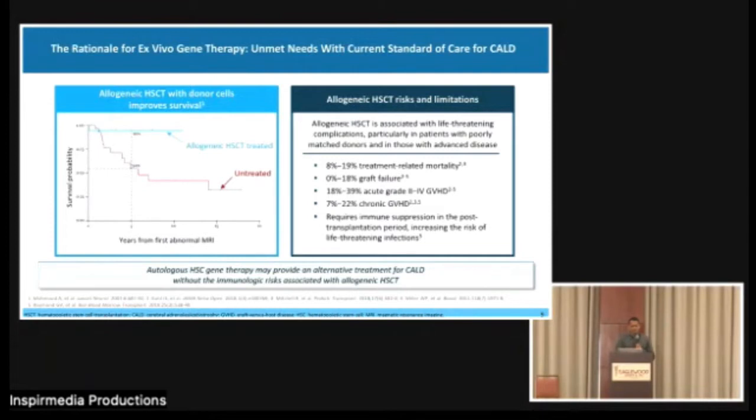So here now a little background on why we're doing ex vivo gene therapy. Many of you know that for decades, we've been using bone marrow transplantation for childhood cerebral ALD, right?